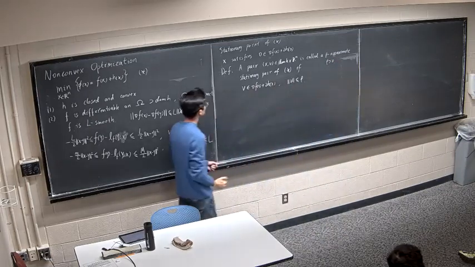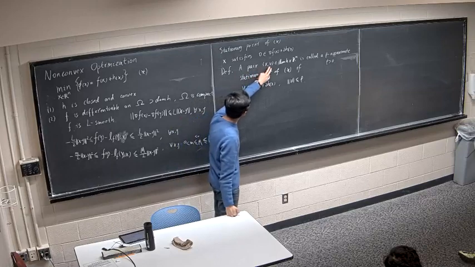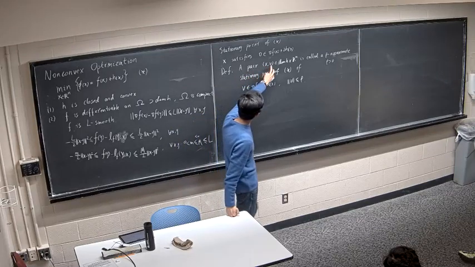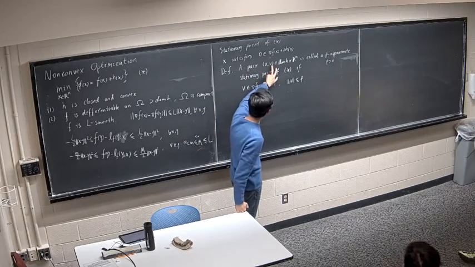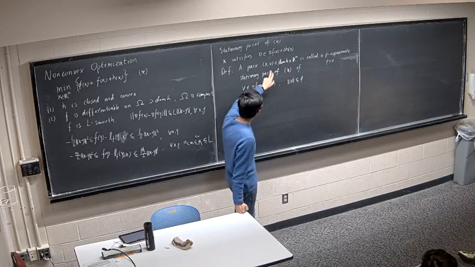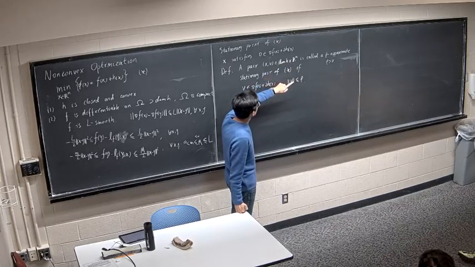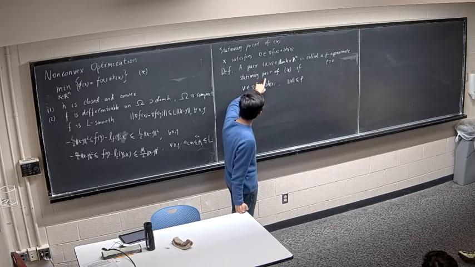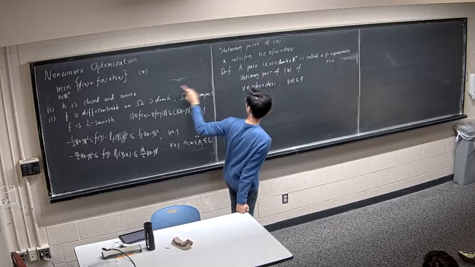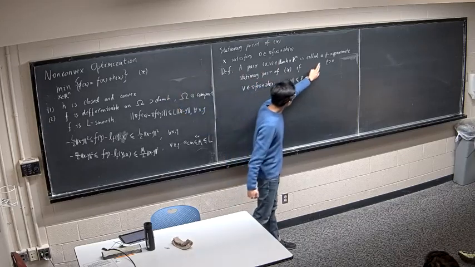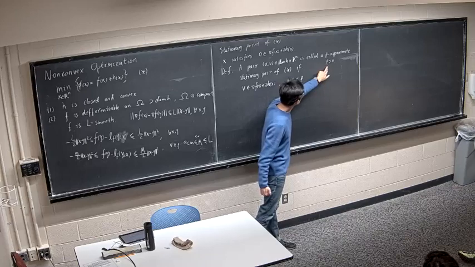Okay, so we call this pair x and v. Here x is a point in the domain of h, v is just some arbitrary vector in R^n. We call this pair a rho approximate stationary pair of this minimization problem. Here rho is a positive scalar. It's just a tolerance here.